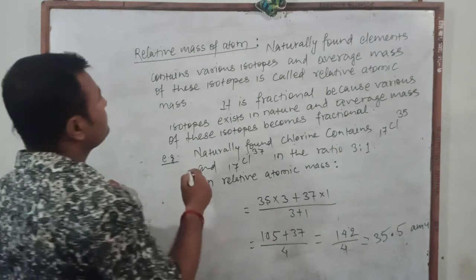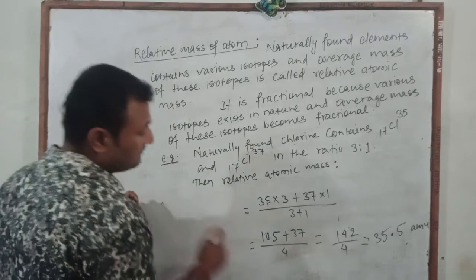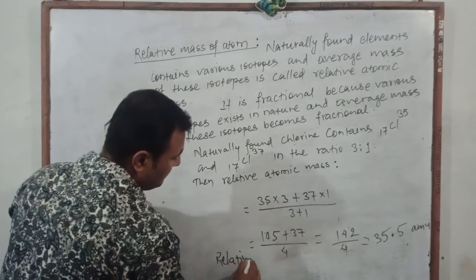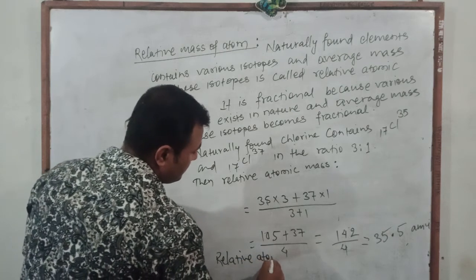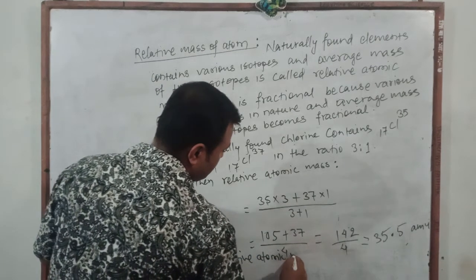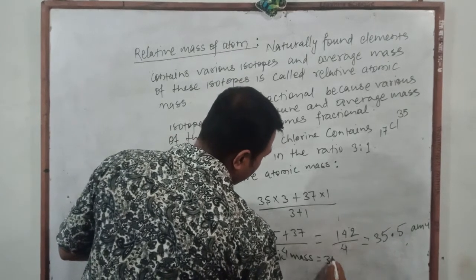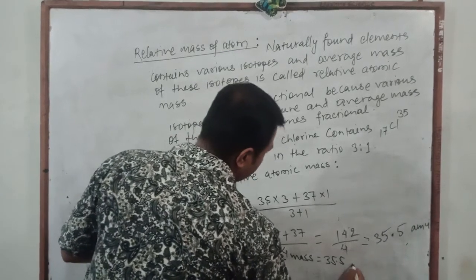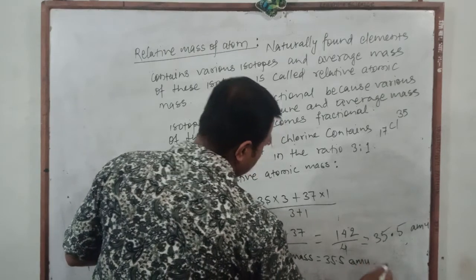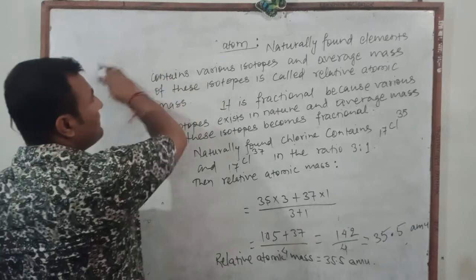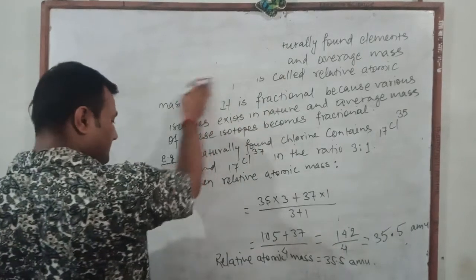Therefore, relative atomic mass equals 35.5 AMU.